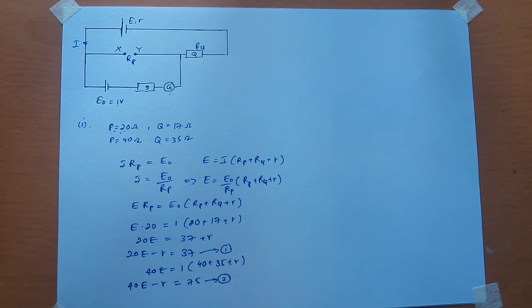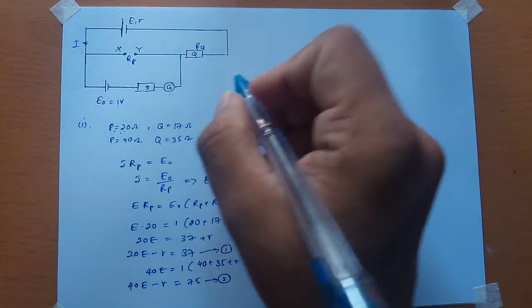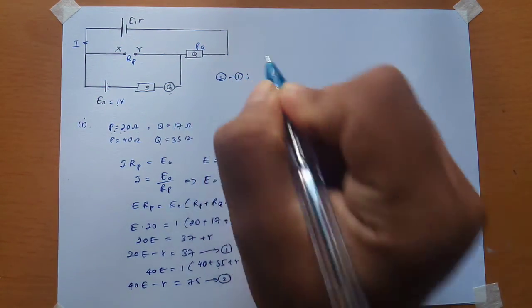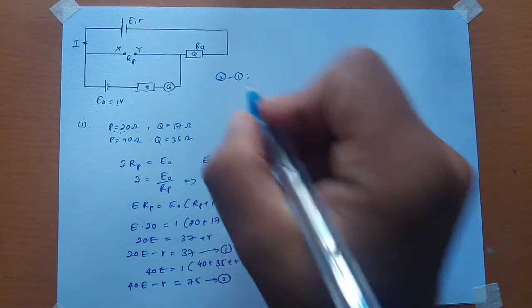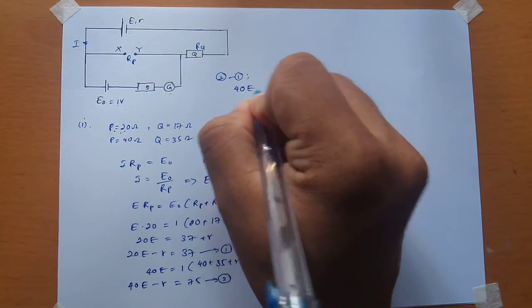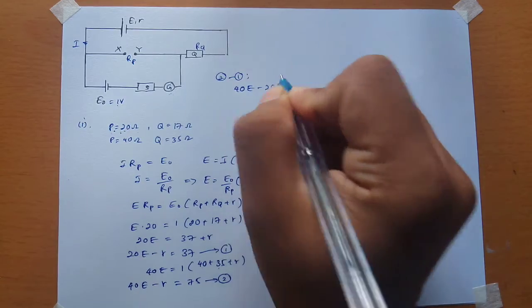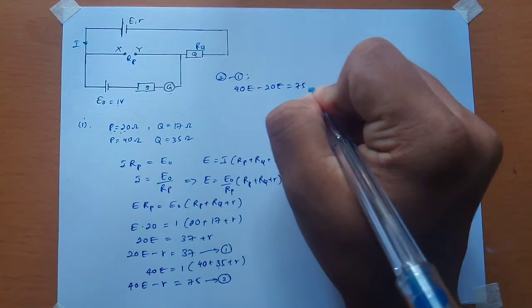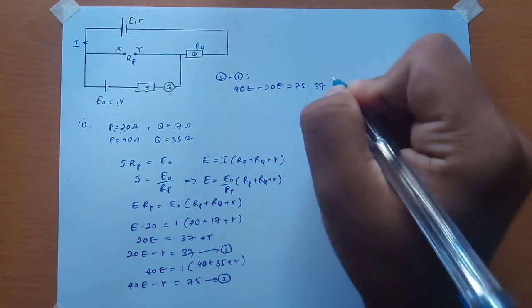So let's do that. If I subtract these two equations, I can get rid of the r terms. I'm writing equation 2 minus 1. So 40E minus 20E, the r terms cancel off, equals 75 minus 37.